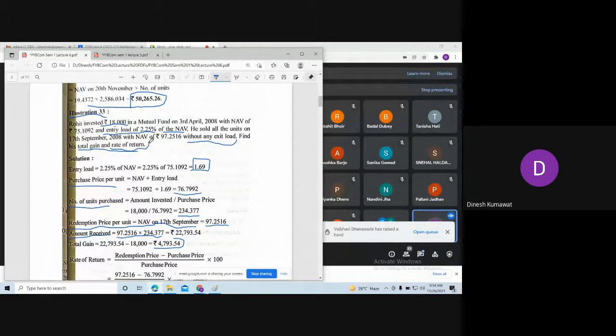rate of return. Okay, and we already know the formula for rate of return. So rate of return is nothing but redemption price minus purchase price.